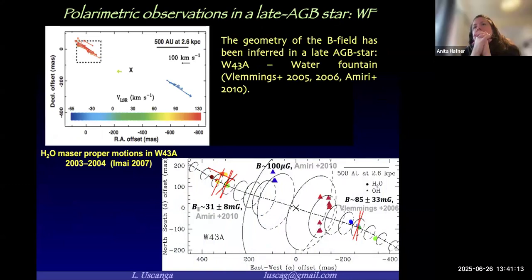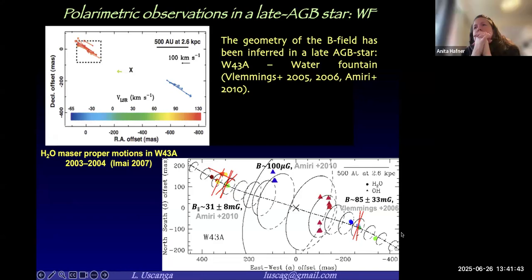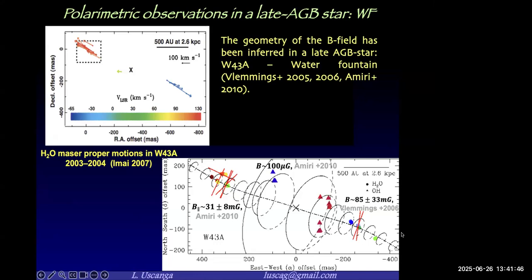So maybe this thing is rotating. A reversal in the line of sight component seems harder to understand, but maybe the way the whole thing is corkscrewing, depending on the angle you're looking at it, it might be due to that. So you can actually see stuff moving over a timescale of several years as it follows this spiral pattern.